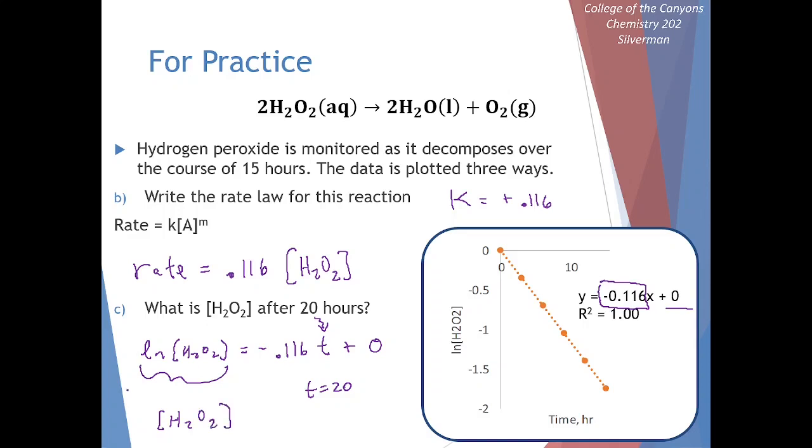And so we can undo that natural log by using our exponential function. e raised to the left side of the equation will allow the natural log and this e to cancel out. e raised to the right side of the equation can give us just some number, 0.098 molar.